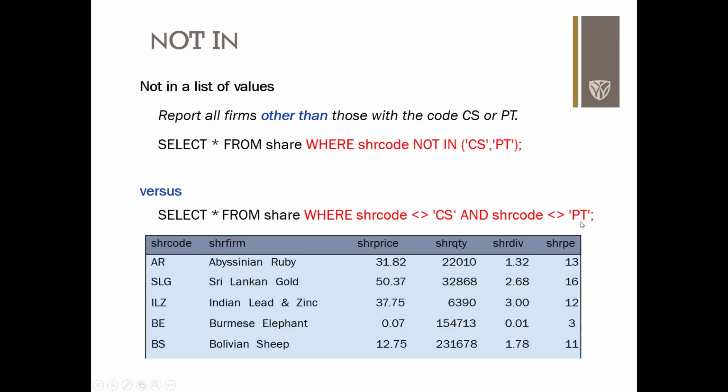Or we can simplify it by saying select star from share where share code not in CS, PT. Again, what we're doing here is just simplifying what could become a more complex query, especially if the number of values we're trying to exclude gets very large.